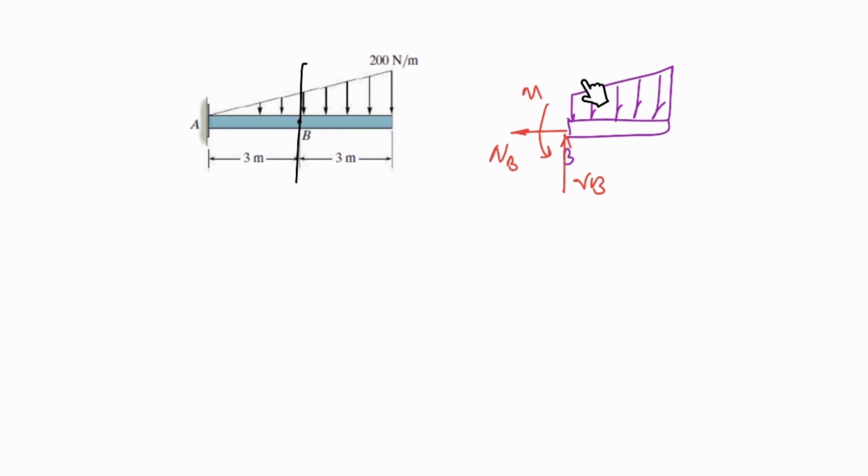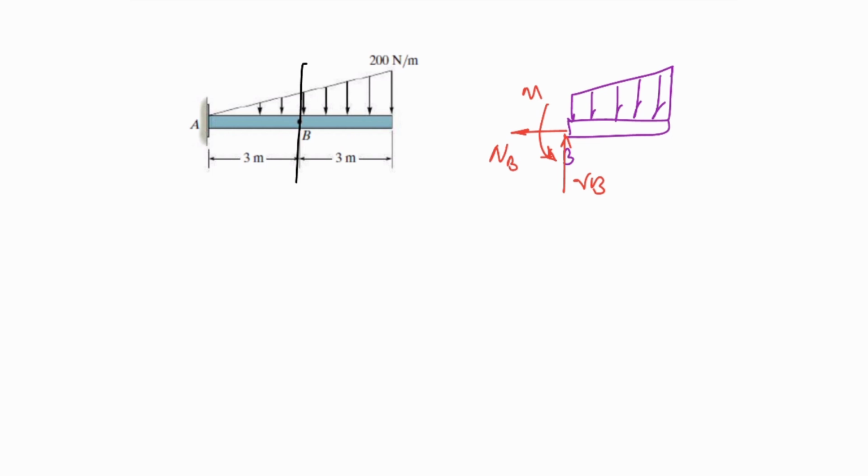And if I put my finger here, this structure, because of this distributed load, is going to rotate clockwise. And the only thing which can prevent that motion is M. M should be counterclockwise, and that's why I'm putting this M counterclockwise. By the way, it's arbitrary and you can take whatever you like.